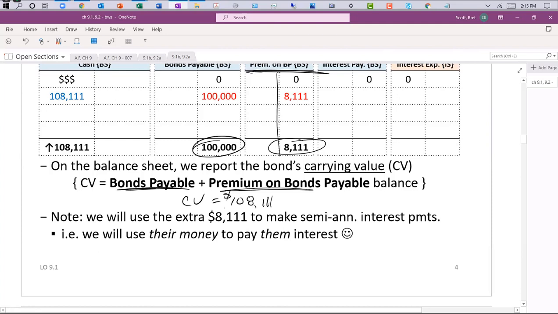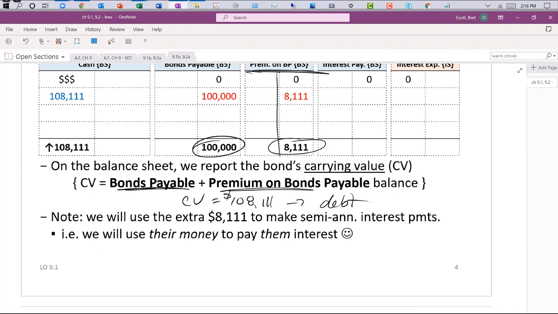The problem with this is that we need to have this carrying value equal to 100,000 when we pay off the bond. So it's not that we can just leave this carrying value as is for 5 years, because the carrying value essentially represents debt. But by the time we pay off the bond, the debt is actually only 100,000. It's just the face value.